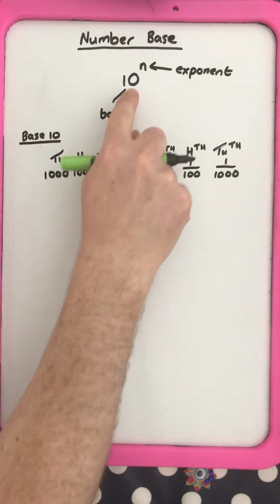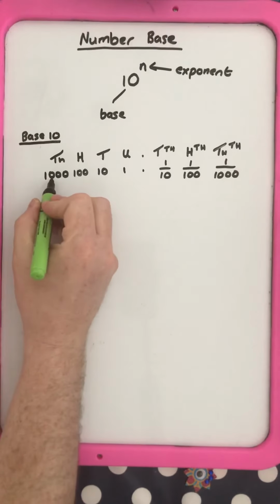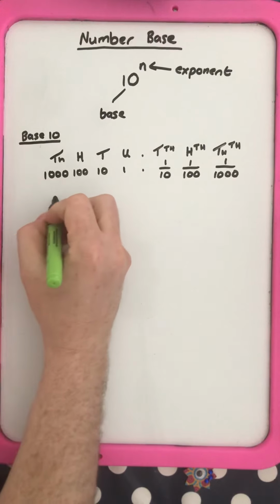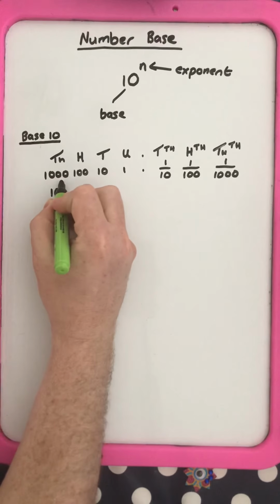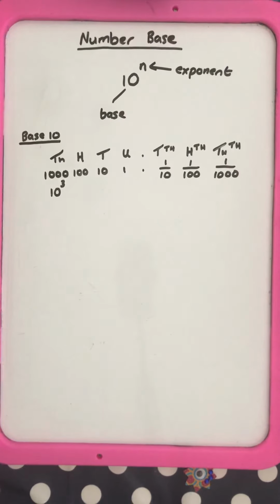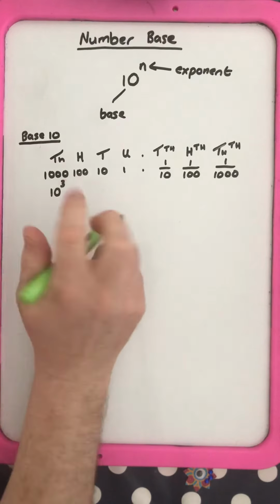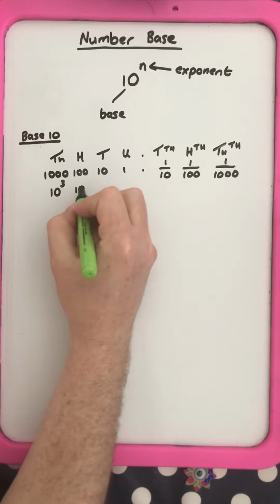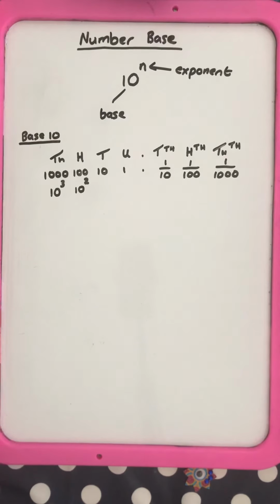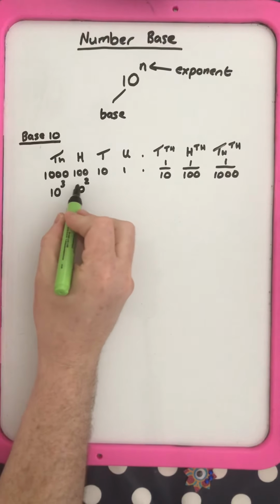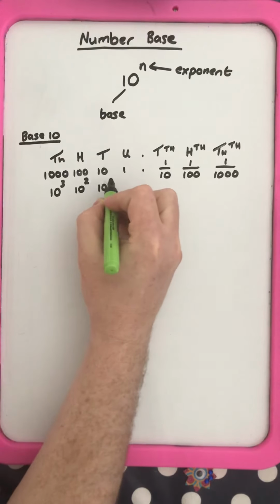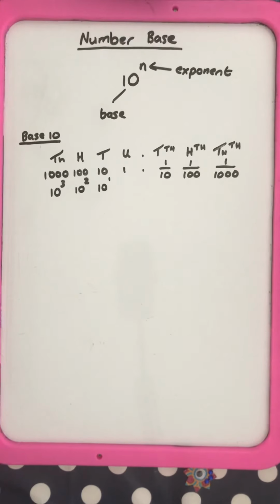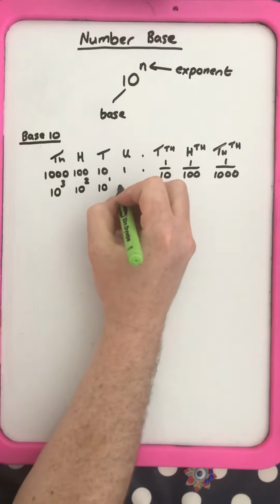In terms of base and exponent, 10 times 10 times 10, 10 cubed. 10 times 10, square number, 10 squared. Okay, 3, 2, 10 to the power of 1. 3, 2, 1, 0.